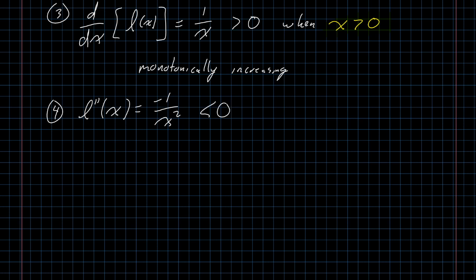Negative 1 over x squared is negative for any x except x equals 0 where it's undefined. Because of the branch choice I made before, I'm only going to care about what happens when x is bigger than 0. But the important thing here is the function is going to be concave down.